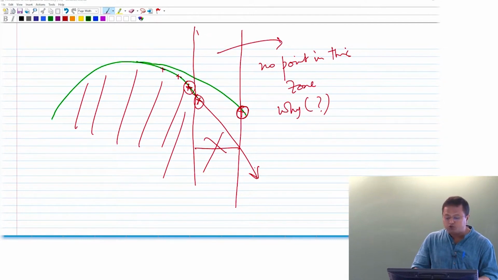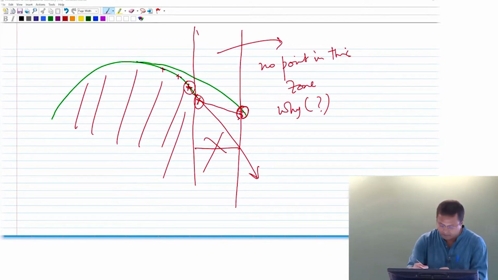If it is going to make a left turn to hit, let me name them, say, P i, this is P i minus 1, this is P i minus 2.